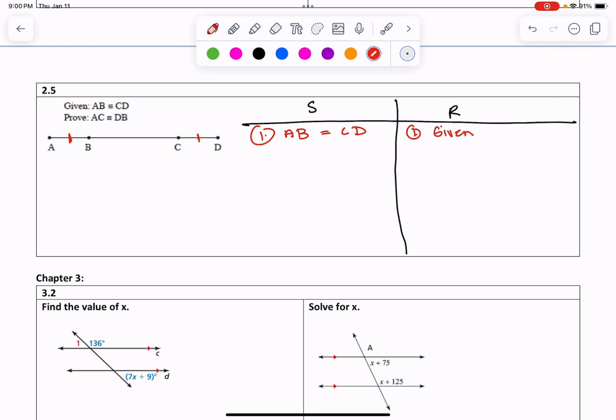If we want to prove something about AC and DB, notice they both share this middle part BC. So let's go ahead and bring that guy in and say that BC is equal to BC, and that's reflexive.